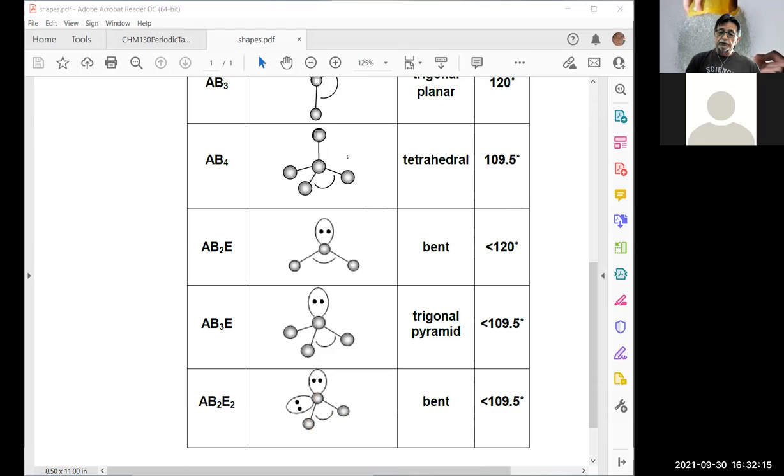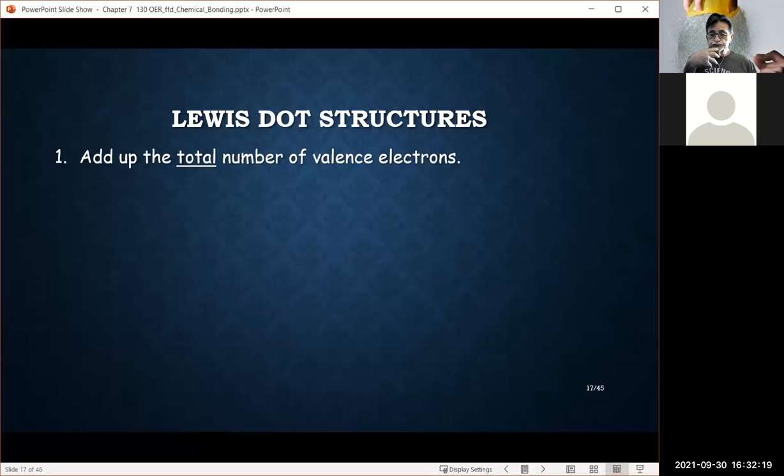All right, so let's go back. We determine the total number of valence electrons that every atom brings to the table, if you will. All right, let's take the structure for H2O. You're given it. Now, you'll always be told what the central atom is.